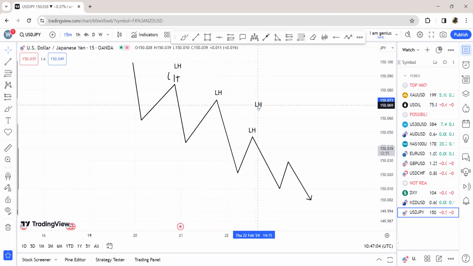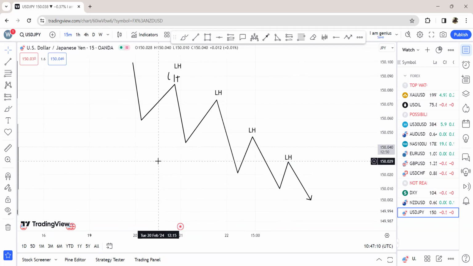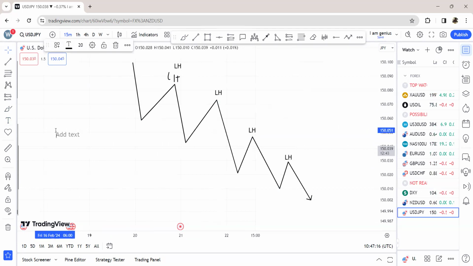Then another one right here. Then on the bottom side, we'll have lower lows, which I'll denote with LL. So we have lower lows on this other side.